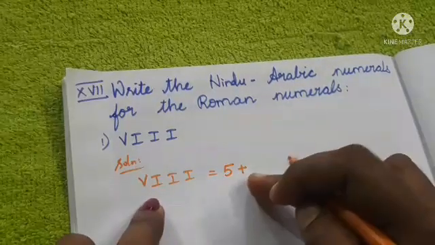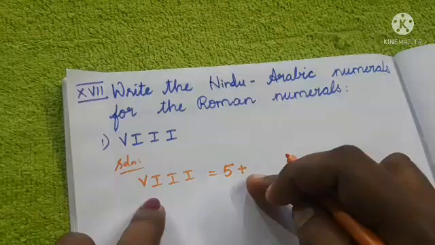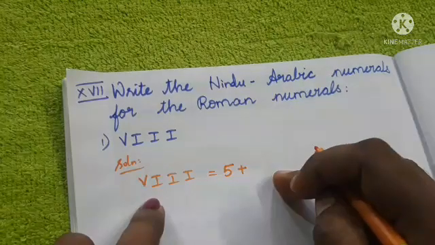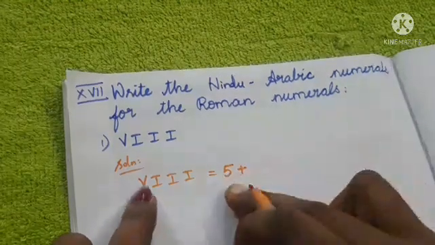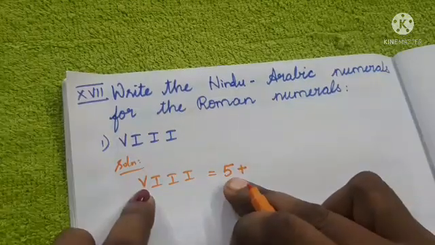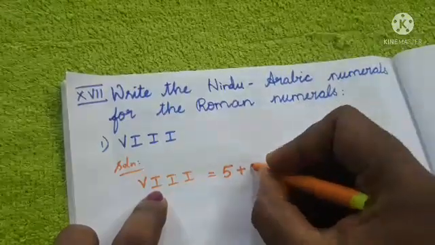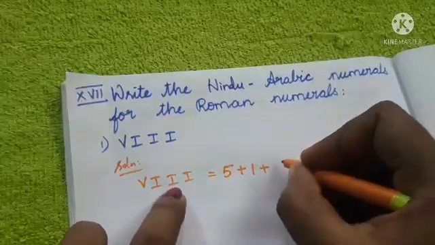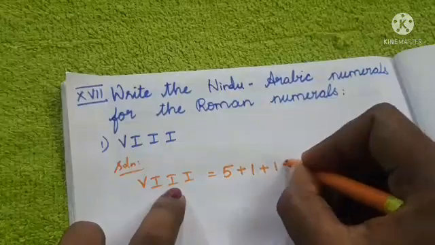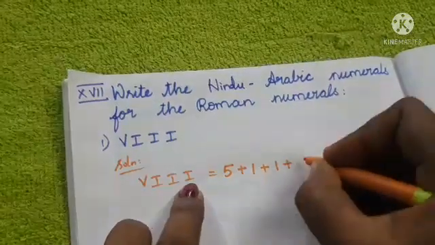But in the Roman numerals, don't write the plus in between the values. So V represents 5 plus, then I represents 1 plus, the next I represents 1, then again plus, then I represents 1.